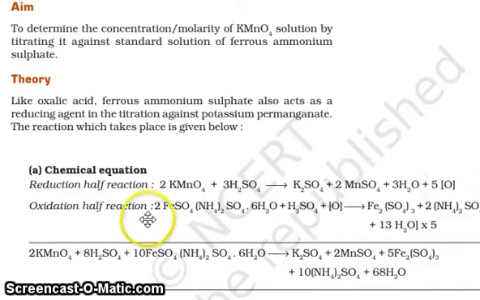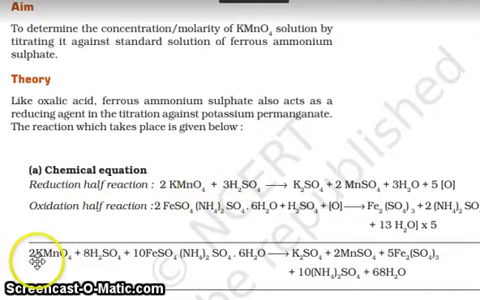And oxidation half reaction: 2 moles FeSO4.(NH4)2SO4.6H2O plus H2SO4 plus nascent oxygen gives Fe2(SO4)3 plus ammonium sulfate (NH4)2SO4 and 13 H2O.